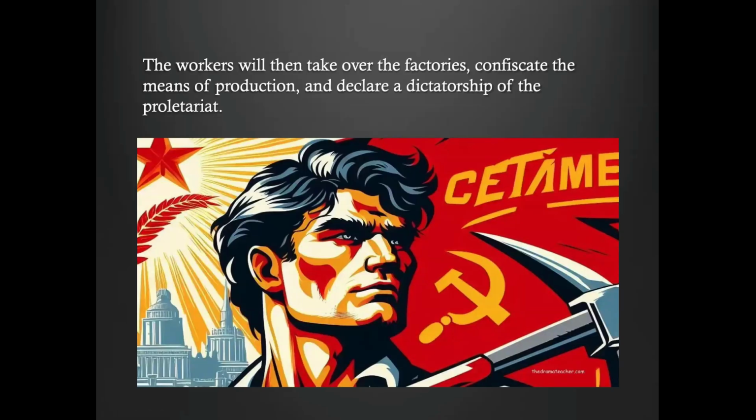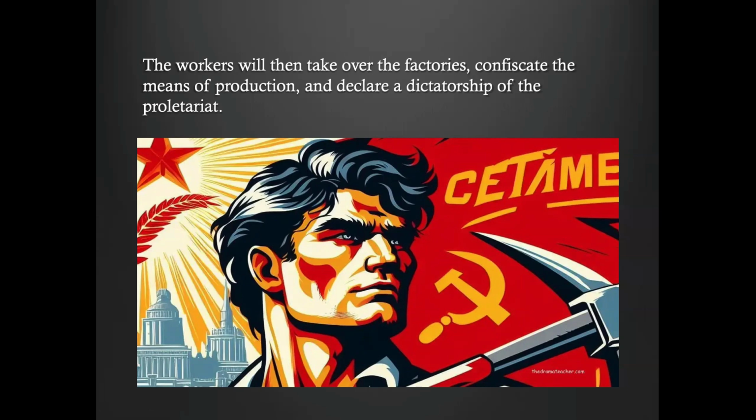They will confiscate the means of production and declare a dictatorship of the proletariat. And so you have the revolution. This dictatorship of the proletariat is not communism. It's not. But it's a necessary stage to communism.